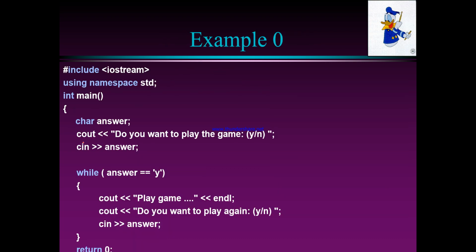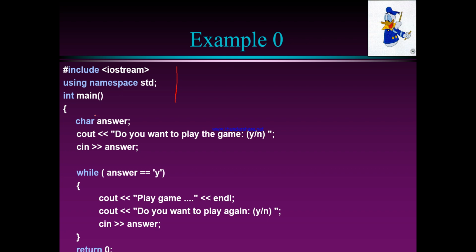Okay, so this is the first example in C++. Now here you can see that we have written all the statements that are required for any program to be compiled and run without any bugs.